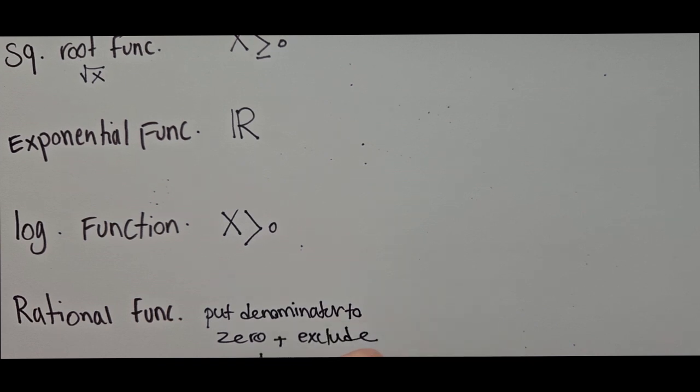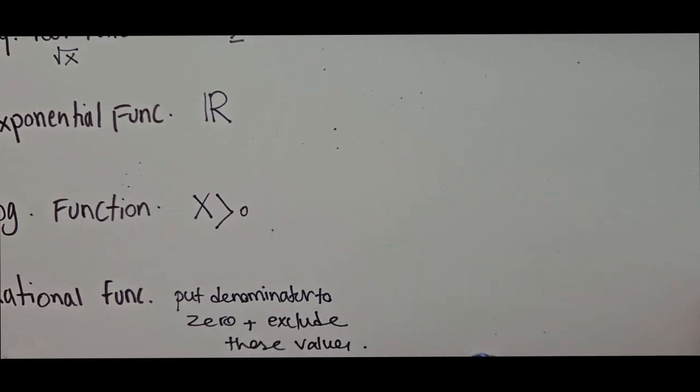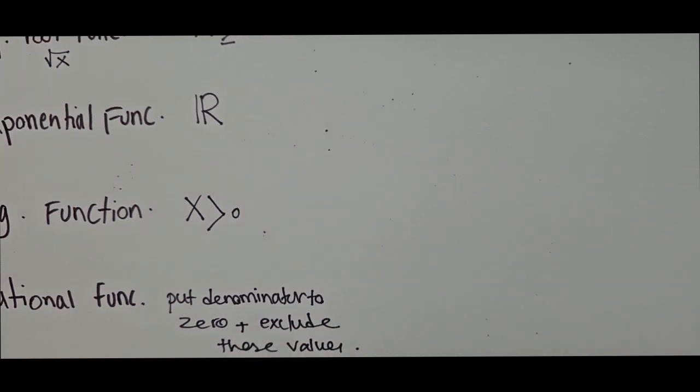But be on the hunt if there are any other limitations. Sometimes it could be a rational function, but in the numerator they might give you a square root. In that case, you have to consider the other limitation, which comes from the square root. And then at the end, you have to find the intersection of these two.